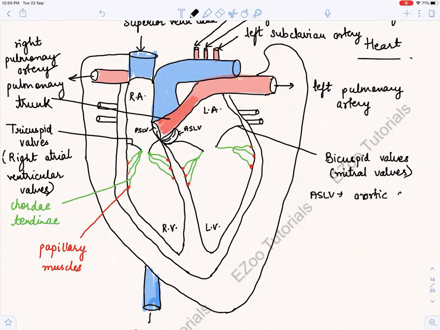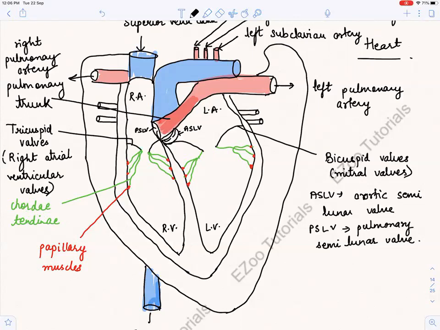Lunar means moon, so semilunar is like a half moon. So we'll do all these valves and everything. Okay, this we have drawn.